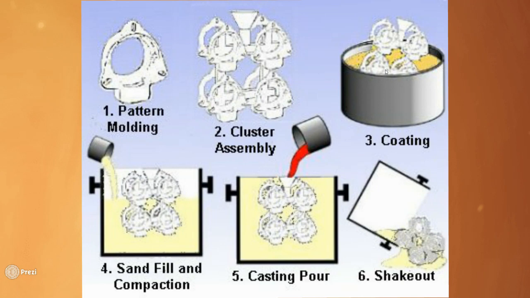Then you coat it with the refractory material, and you put it in a box and you support it with sand. All right. The next thing you do is you pour in your molten metal, and then again, as the molten metal hits that polystyrene pattern, it instantly disappears or volatilizes, turns into gas, and then you have your molten metal cool into that area that's left over.